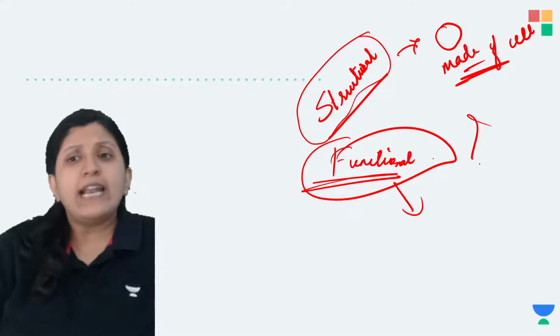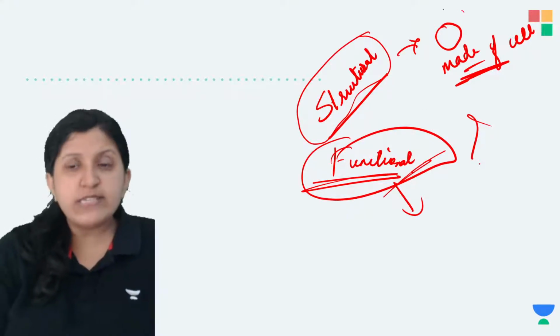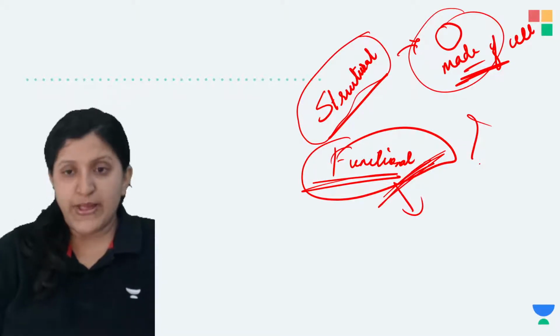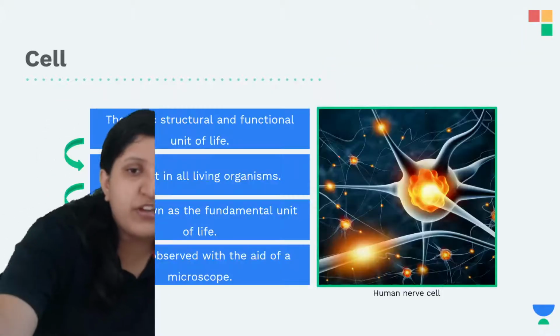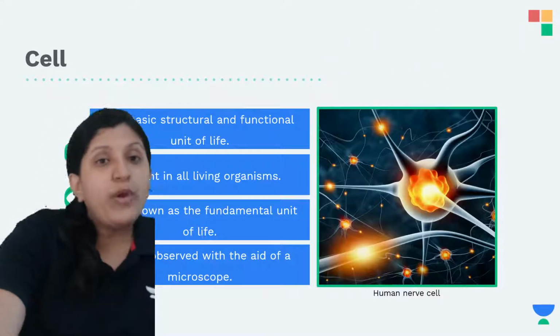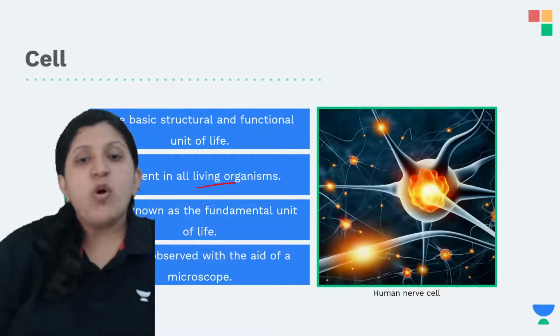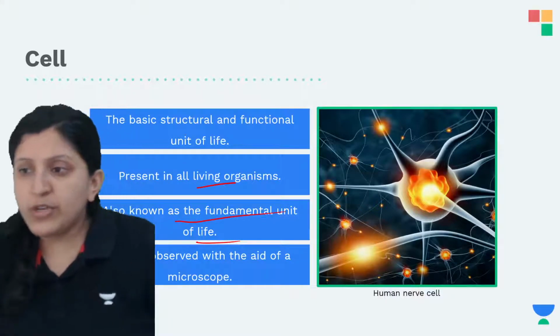So it is not just a structure, but it provides functional support as well. That is why we say the cell is the structural and functional unit of life, seen in all living organisms, also known as the fundamental unit of life.